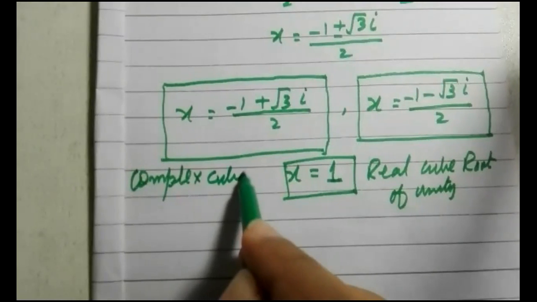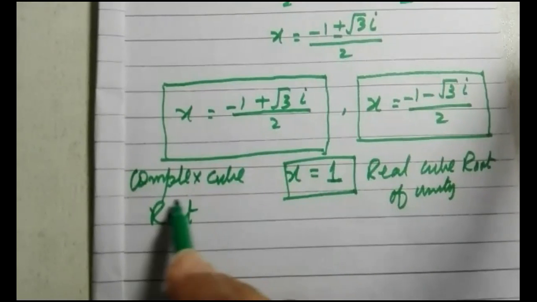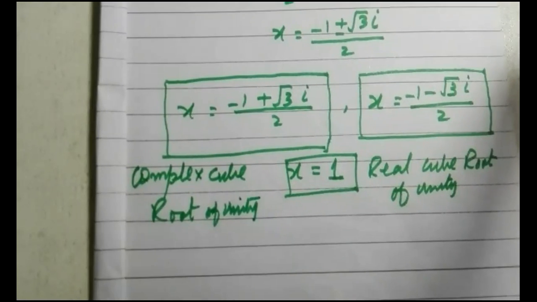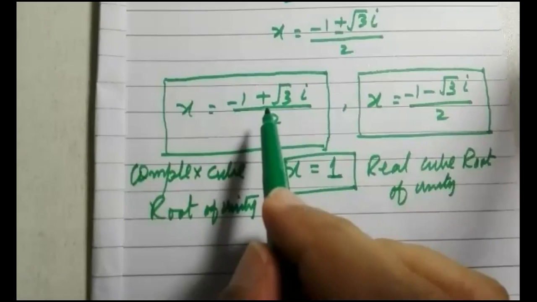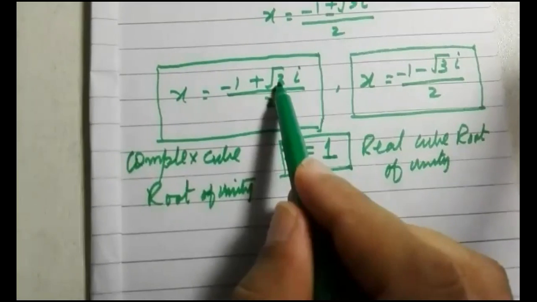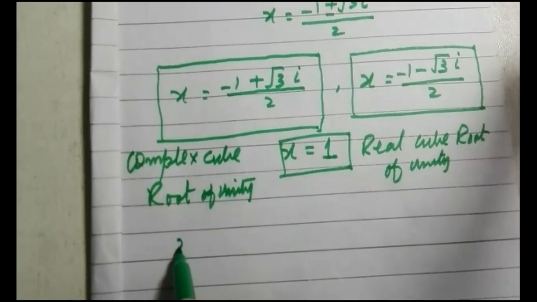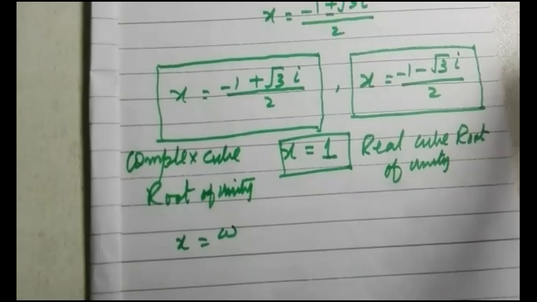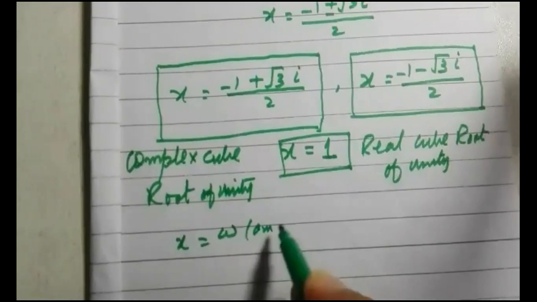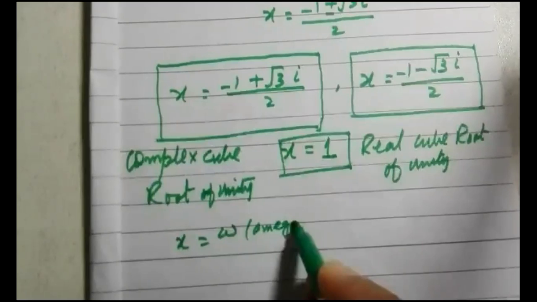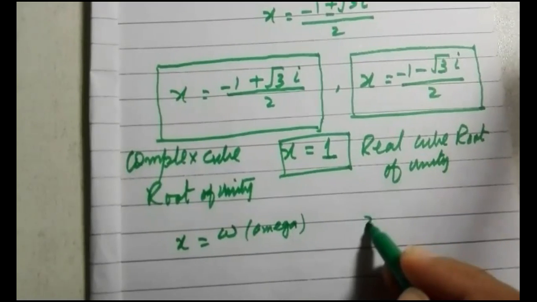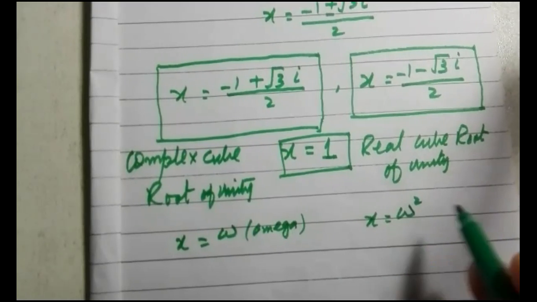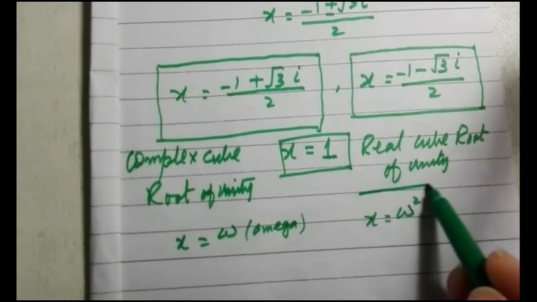Now, we have about 5 minutes left, so we will rename them. The term which is plus √3 i, we will rename as a number labeled w, which verbally you will name as omega. And the second one will be labeled as omega square.